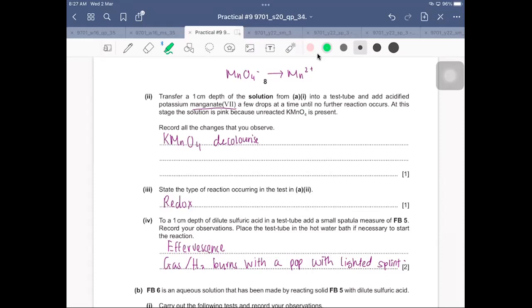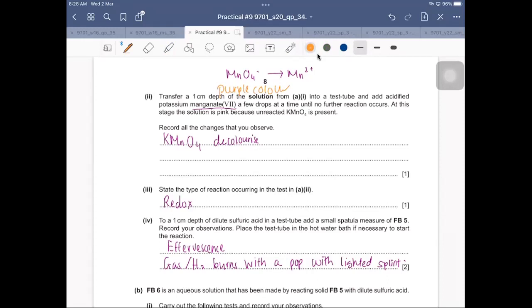So please remember that manganate is purple color. When you see a purple color somewhere, that's natural. That's the original color of manganate. Okay? If you want to write down it stays purple, it's fine. If you write down it changes to purple, that's wrong.